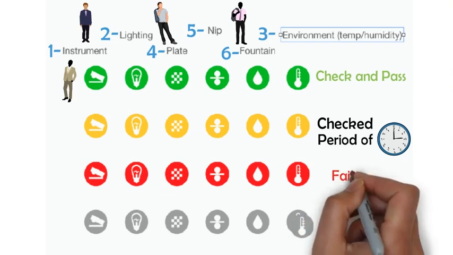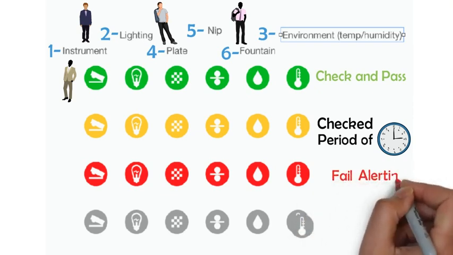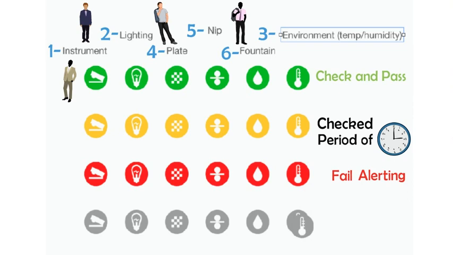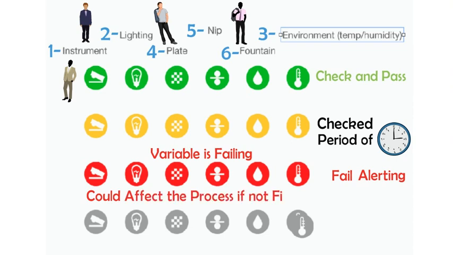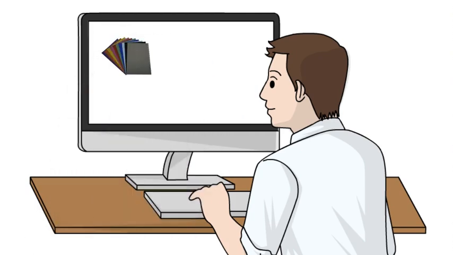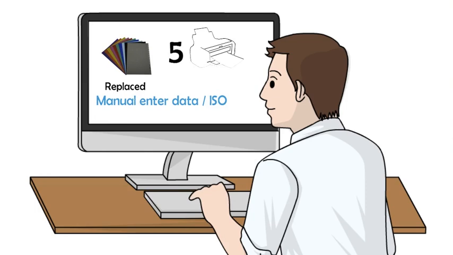But if they fail, the icon turns red, alerting everyone in the print organization that because this variable is failing, it could affect the print process if not fixed. One of our customers replaced 14 paper binders using manual entry data per ISO for 5 printers using ChromaChecker.